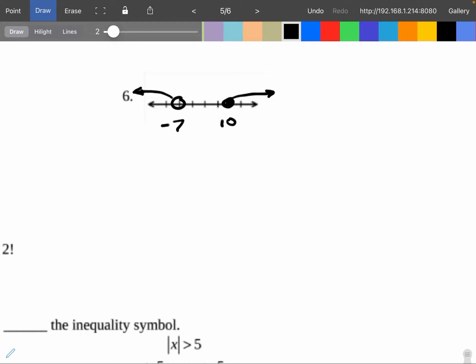And let's do a closed circle at 10 going this way. Anybody want to take a shot on how we write that one? There's no overlap here. So you got to write two separate statements. What word goes in the middle? Or. So you know there's going to be an or in the middle. So might as well put that in there.